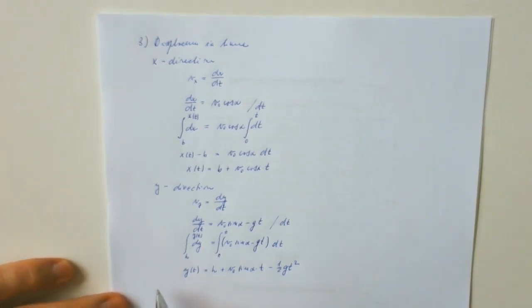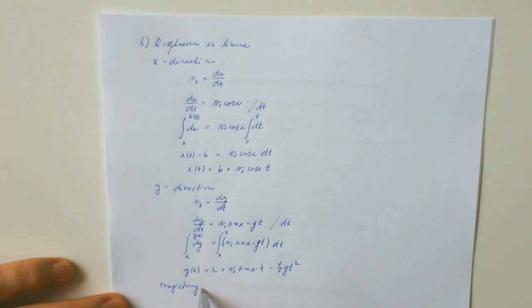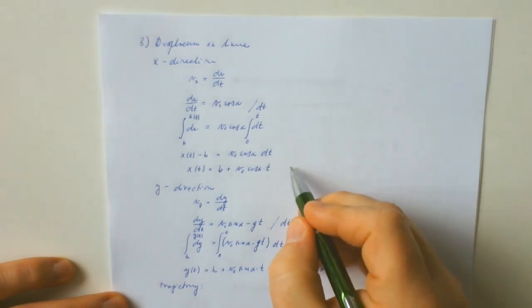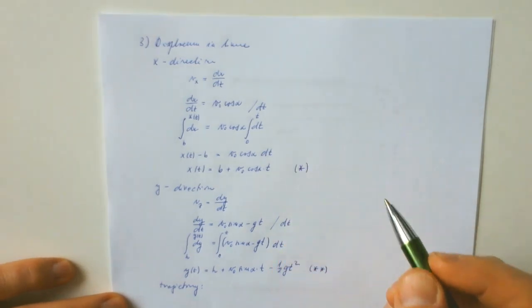So finally, for example for the trajectory calculation, we have two equations, this one and this one.